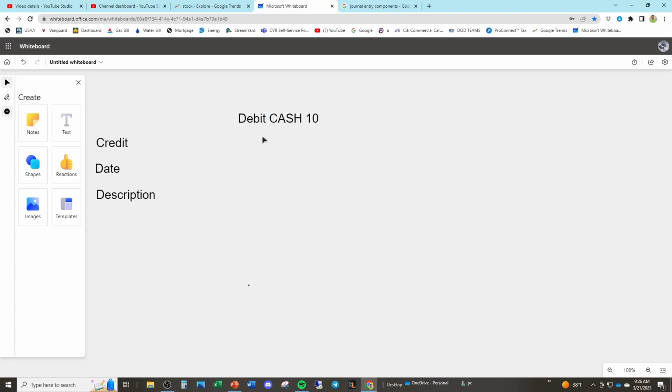Next, we have to think, okay, this is a journal entry. We have a debit for $10. What is the credit? We have to have a credit for $10. Now, we could have multiple credits. We could have 2 credits for $5. But at the end of the day, they have to add up. Well, the credit in this scenario is going to be revenue. That's right. I am earning revenue.